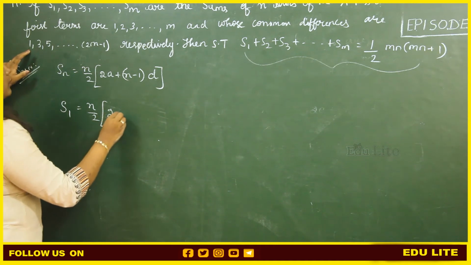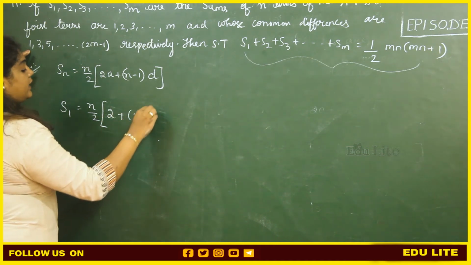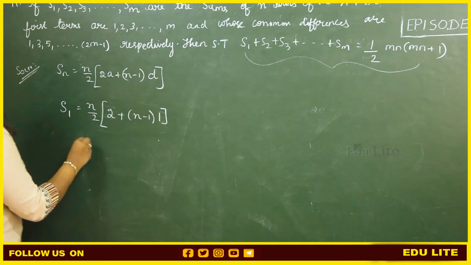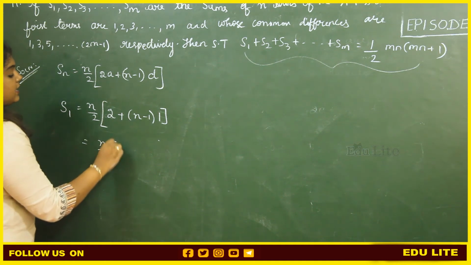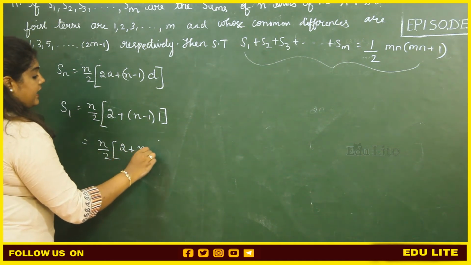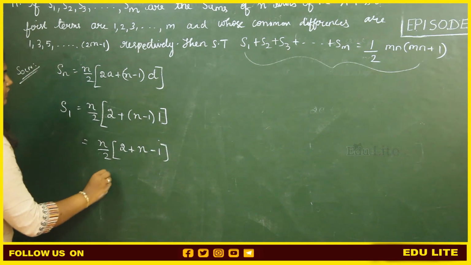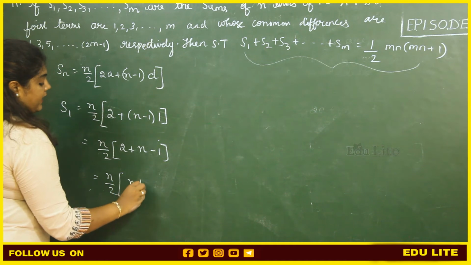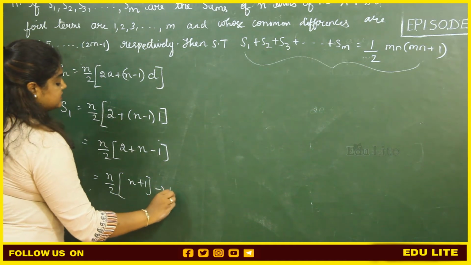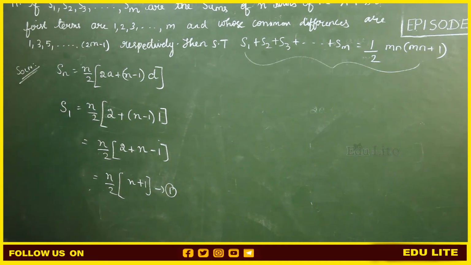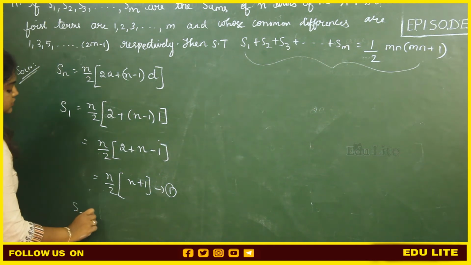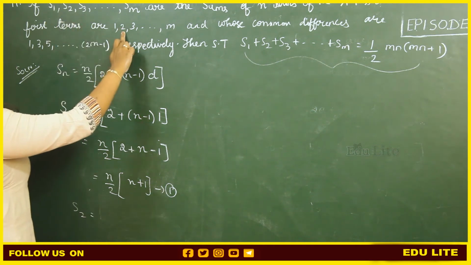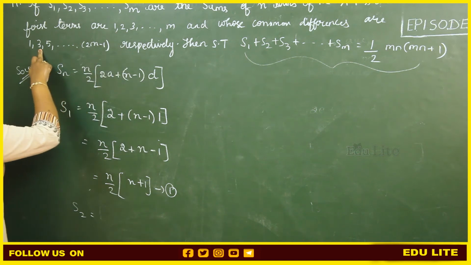Therefore 2 into 1, 2 plus n minus 1 into d value, which is also 1. Let us simplify within the brackets. 2 plus n minus 1, therefore n by 2 into n plus 1. This we will consider as equation 1. Next it is S2, for which the first term is 2 and the common difference is 3.